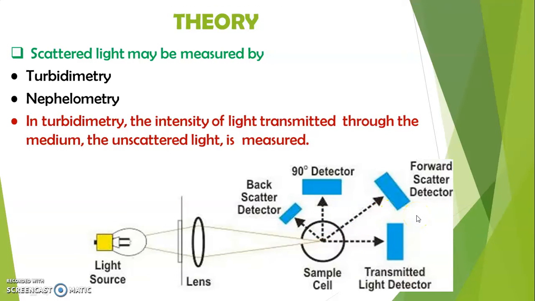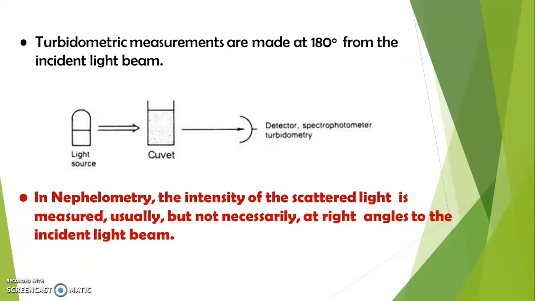Whenever we measure at 90 degree, we generally use nephelometry, while at 180 degree we use turbidimetry. Turbidimetry measurements are made at 180 degree from the incident light beam.